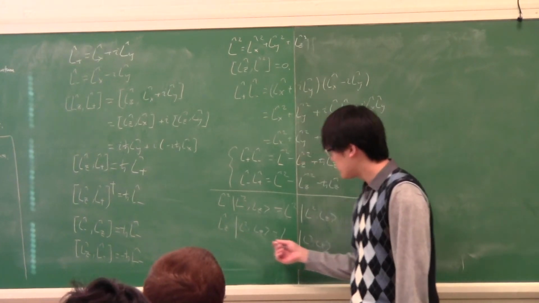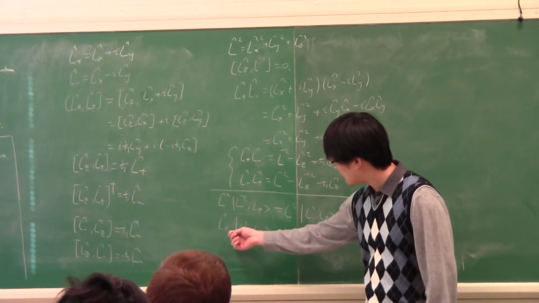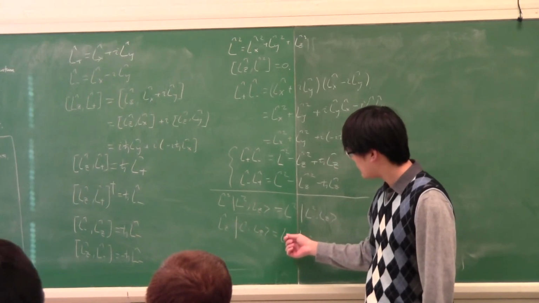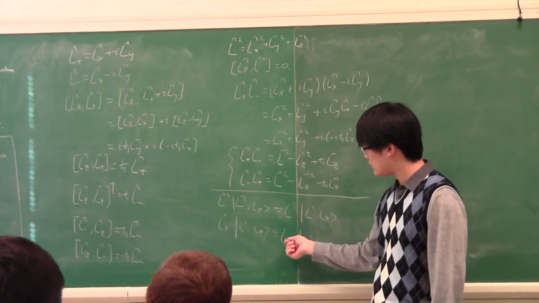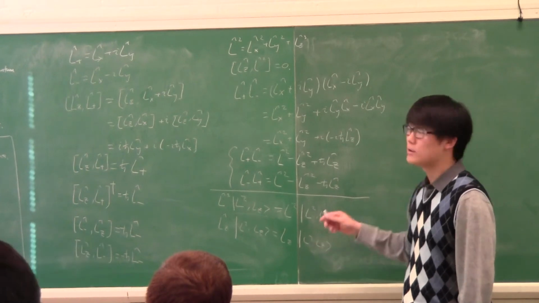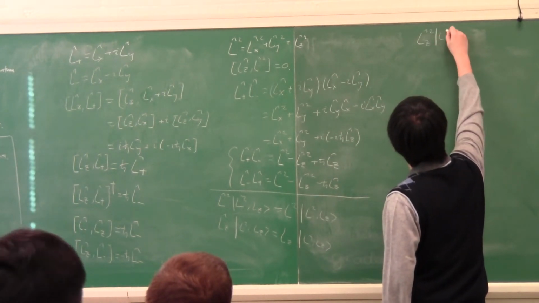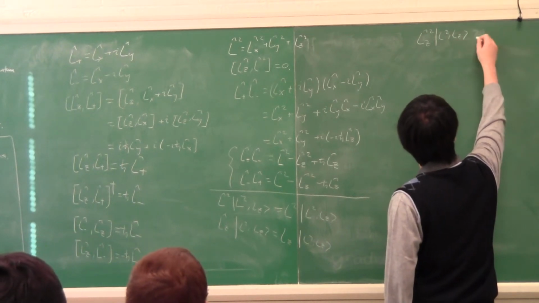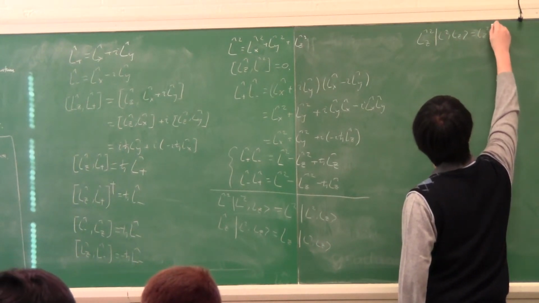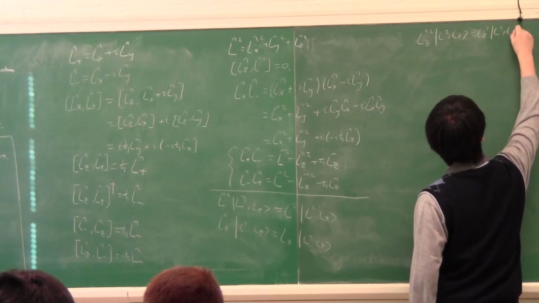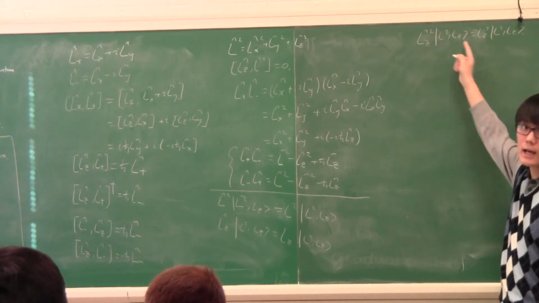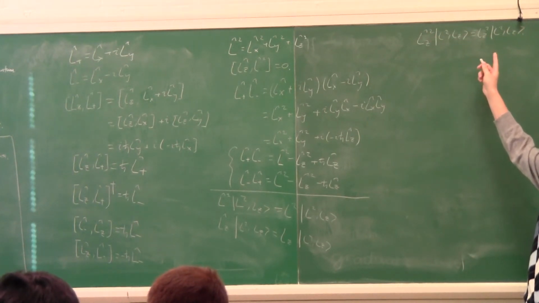So from the second eigenvalue definition here, we can write down, of course, that Lz squared is equal to Lz squared. Remember, whenever you don't see the hat, then that's the eigenvalue.